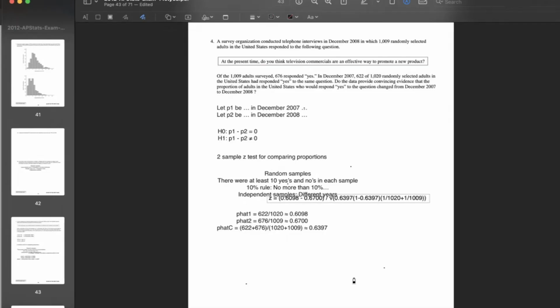This formula shows up on the equation sheet if you can't remember it. So this would be approximately negative 2.82.